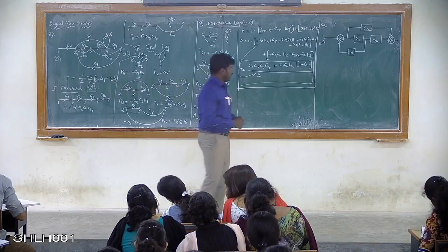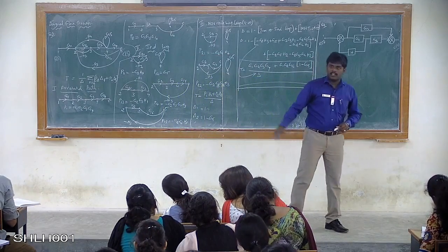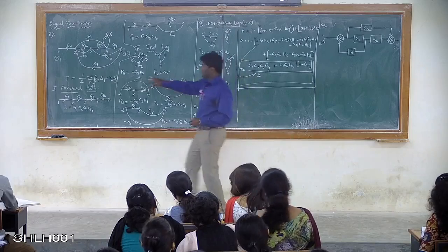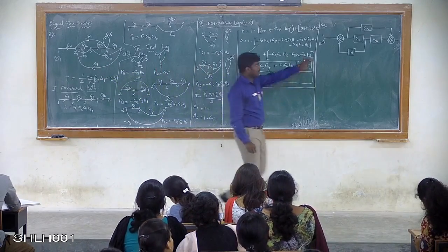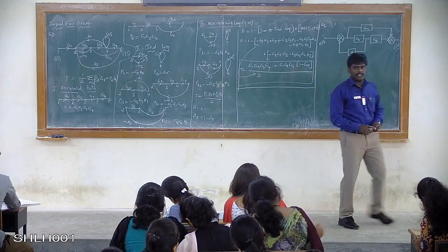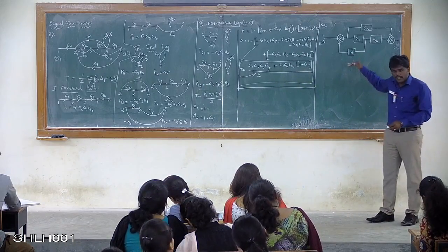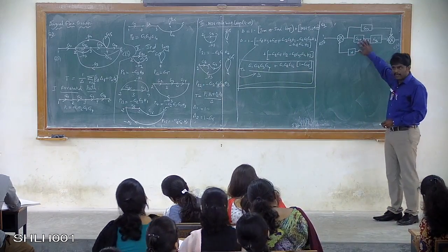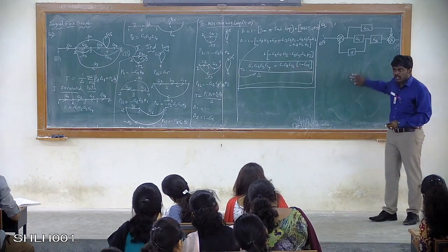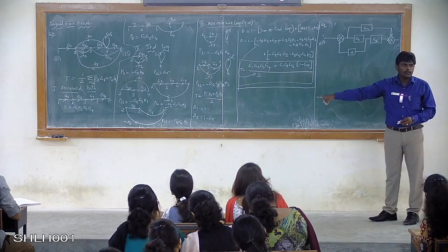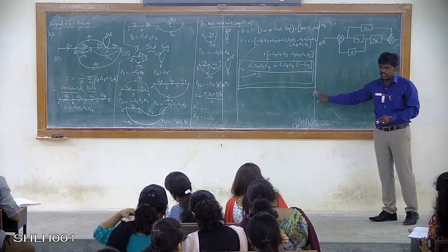Right. Now, so far the problem was given in a signal flow graph itself, but here the problem is given in block diagram. So what we need to do is convert this block diagram into a signal flow graph. Then we will use Mason's gain formula to find out the overall transfer function of the system. Right.